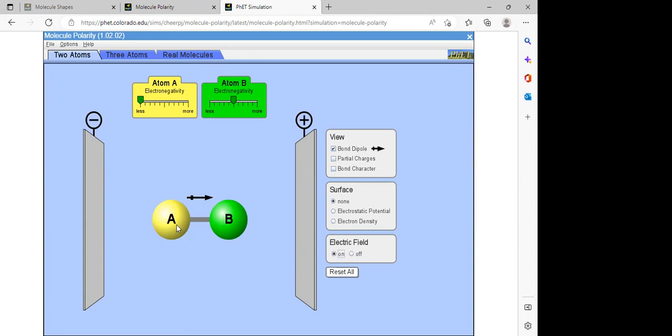This could be sodium chloride. When we have sodium chloride, this would be Na, this would be Cl, +1 here, -1 here. When you see this bond dipole, that's just pointing where these shared electrons are going. So if I rotate this, obviously, if this is the most electronegative and the negative region, it's going to be attracted to this positive plate. If the electronegativities are exactly the same, there's no attraction.